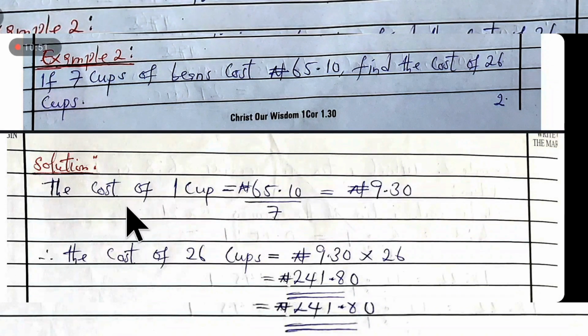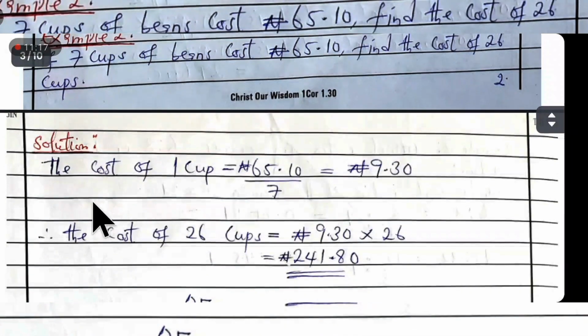So to find the cost of 1 cup, it is going to be the cost of 7 cups divided by the number of cups, which is 7. By the time you divide the cost by the number of cups, you have 9.30 naira. So each cup will cost 9.30 naira.